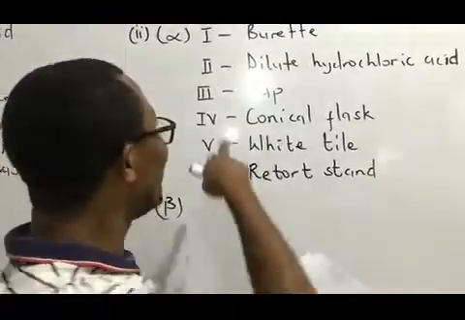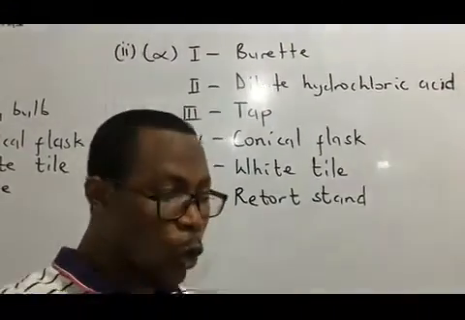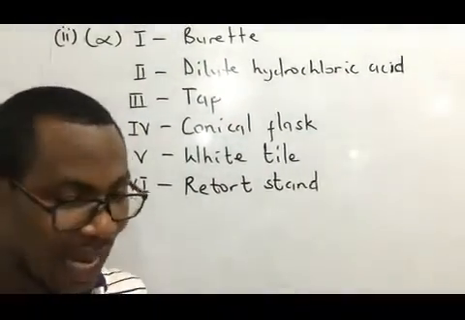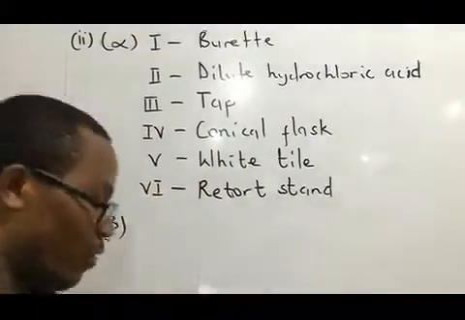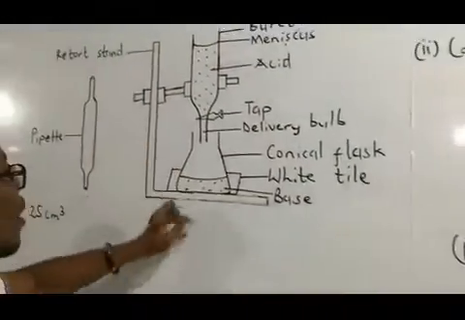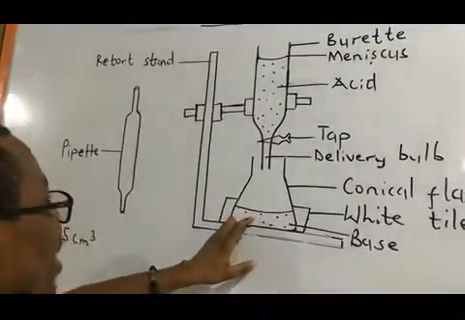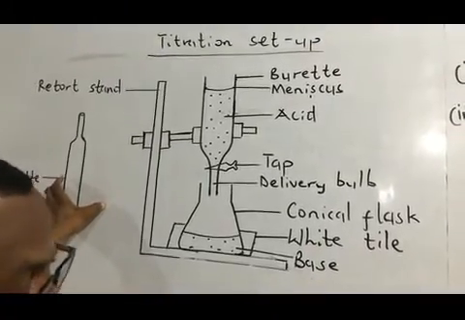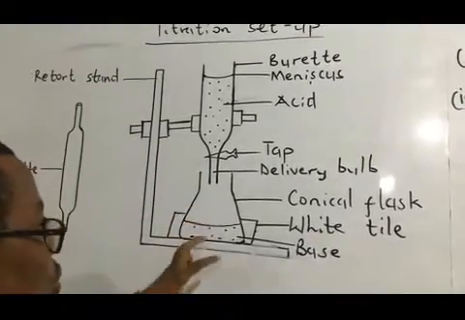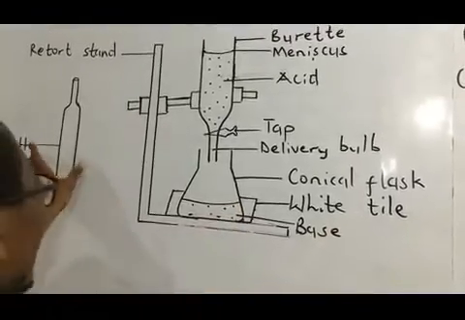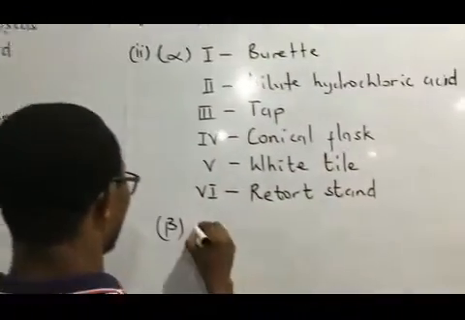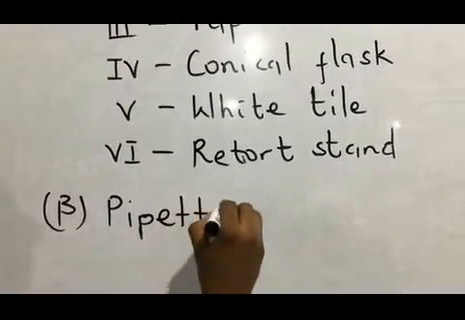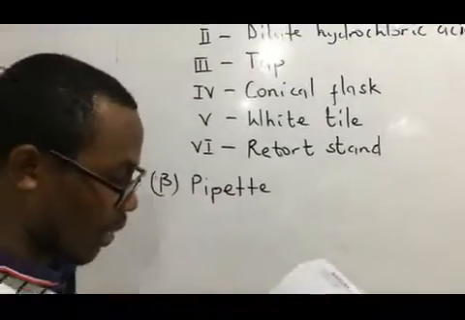It means that IV, the conical flask, contains the sodium hydroxide, meaning that the solution in the burette will be the hydrochloric acid. I told you that to introduce the base into the conical flask, you make use of the pipette. So the answer is pipette.